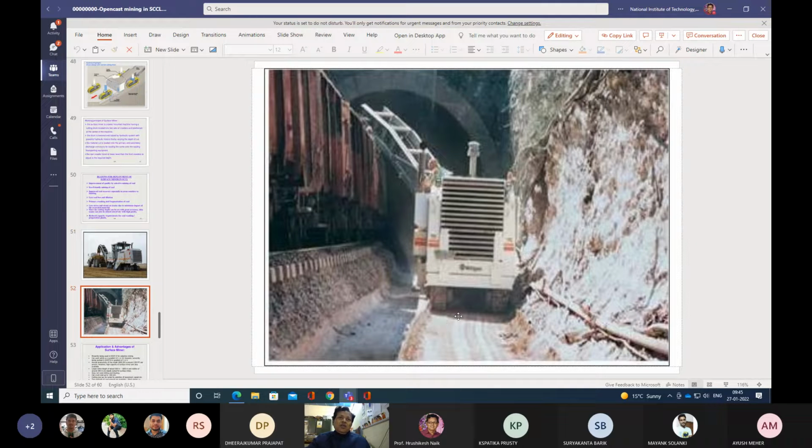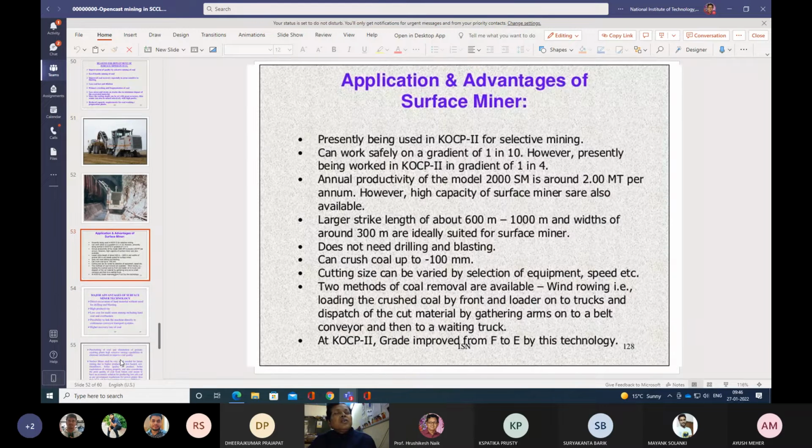After cutting the material, it can also be loaded to a locomotive haulage. Okay, so the application and advantages of surface miner are discussed here. Application, and these are the advantages of surface miner technology.